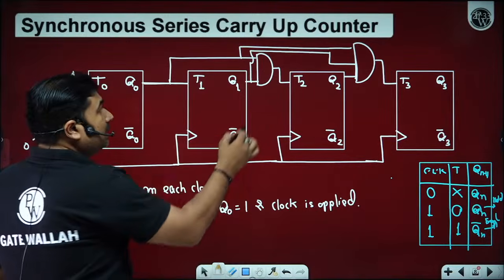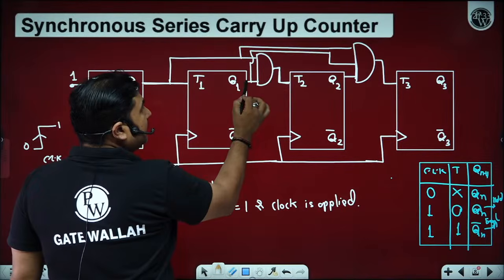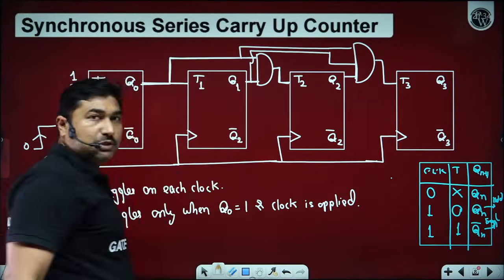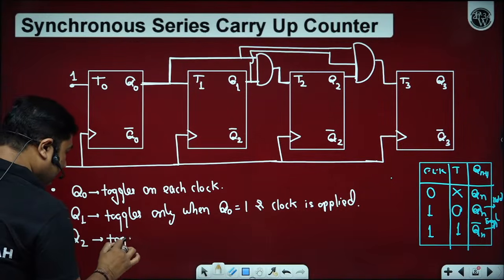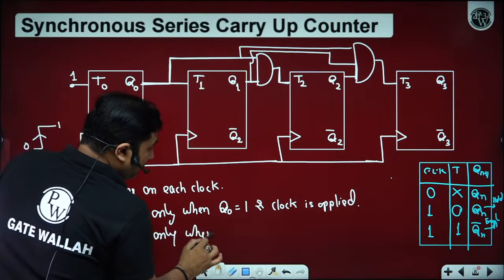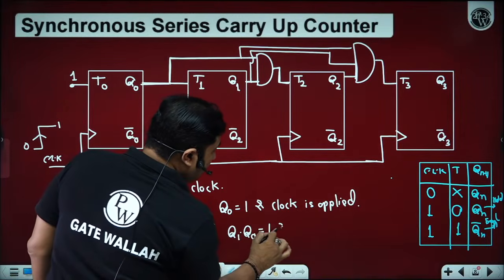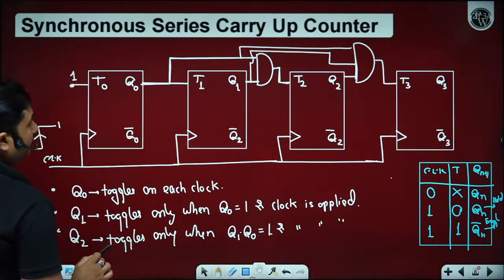T2 is 1 when the output of this AND gate is high, and the output of this AND gate is high when Q1 and Q0 both are high. So Q2 toggles only when the product of Q1 Q0 is 1 and clock is applied. Is it okay? Yes sir.